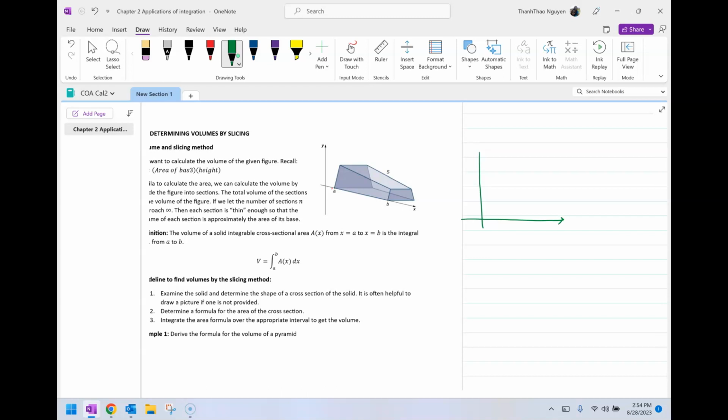To calculate the volume of this box, I slice the box into each of these sections, and I can calculate the volume of each slice.